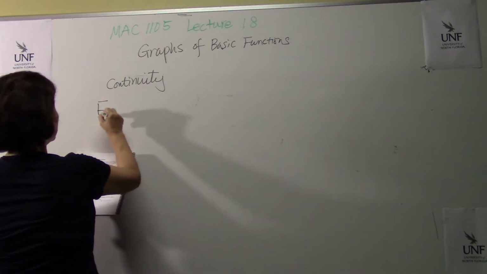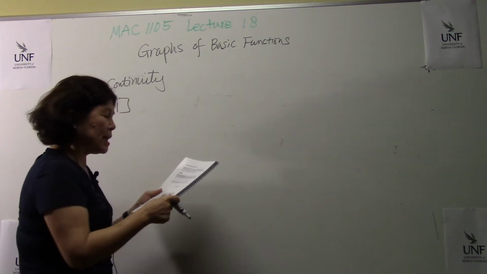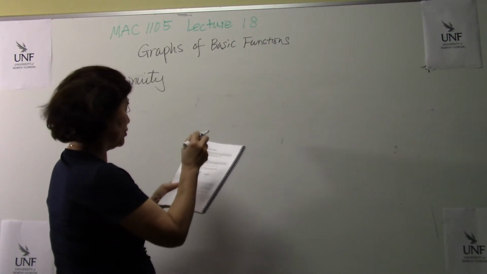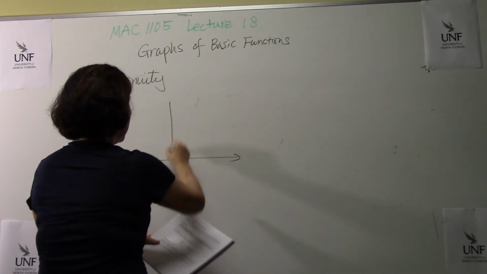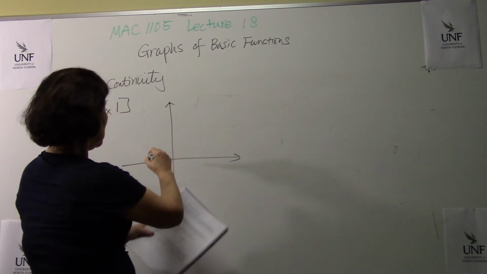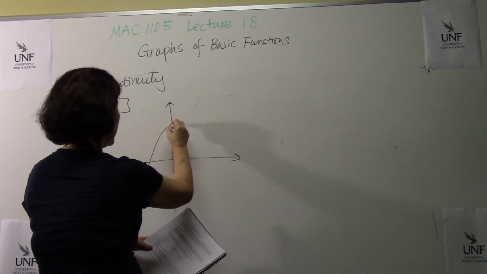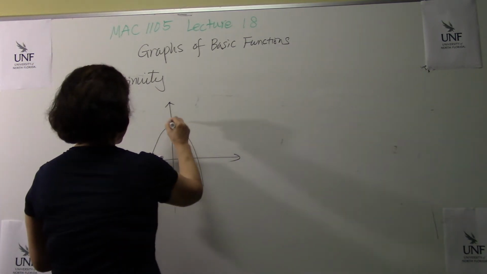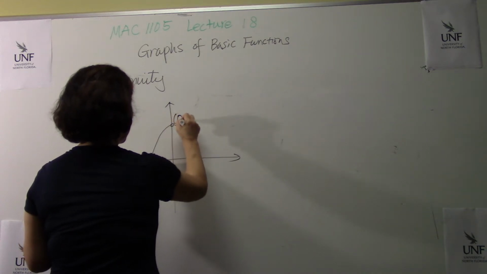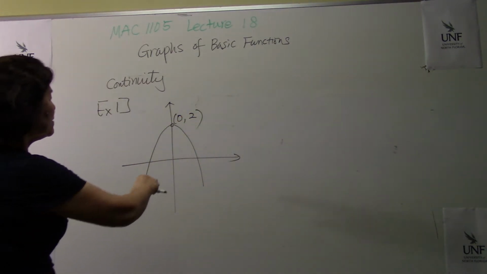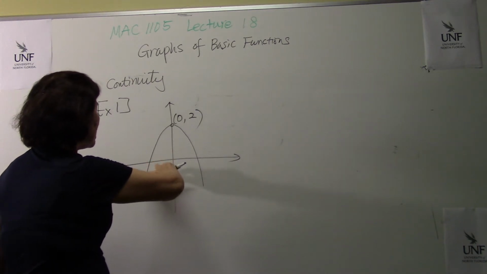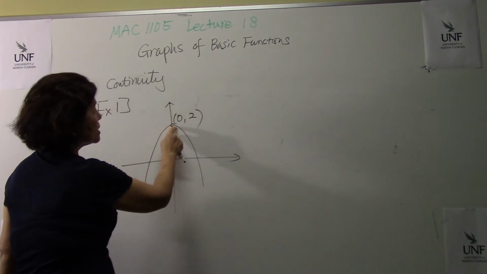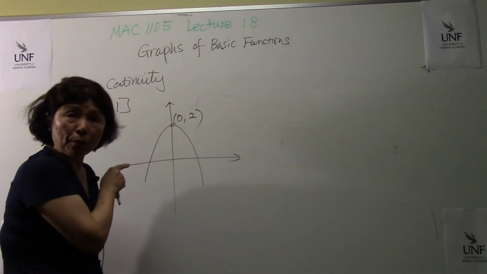Example 1. Determining intervals of continuity. Describe the intervals of continuity for each function. Well, the first function graph looks like this. Look very closely. Over here is blank. Okay? So here is 0, 2. When you see this function, the graph is continuous, and then all the way over here it's going to skip this point and then move on to the next point, correct?